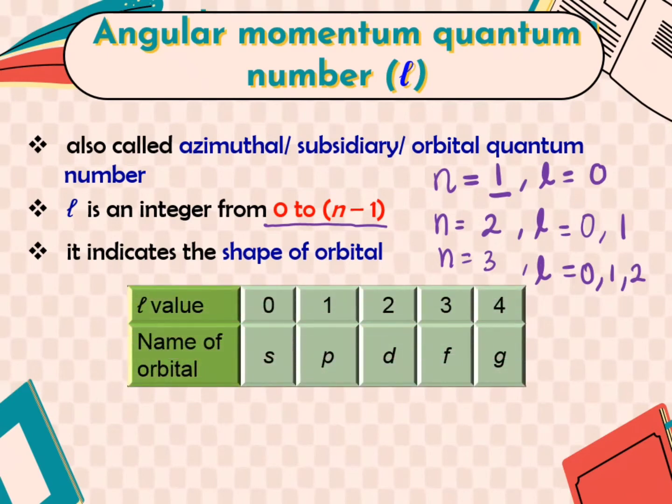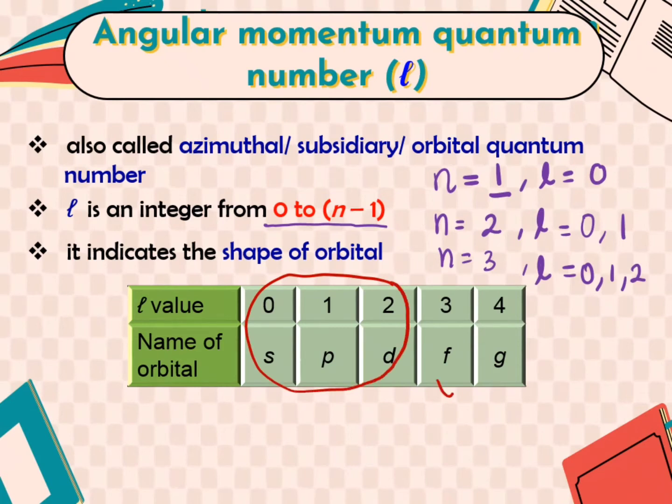If L equal to 0, the shape of orbital is S shape. If L equal to 1, shape of orbital is P shape. If L equal to 2, the shape is D shape. For your syllabus, we only focus on these three shapes, S, P, D only.